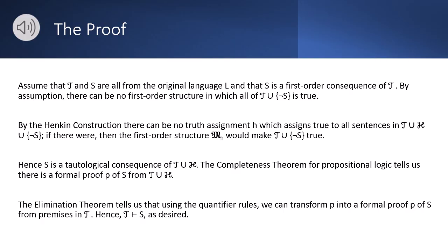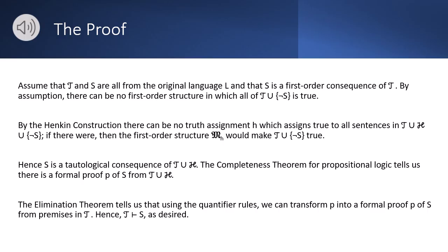Okay, so our Henkin construction is telling us there can't be this truth assignment. Now, if there can't be this truth assignment, what that means is that S itself is a tautological consequence of the sentences in T and the Henkin theory.